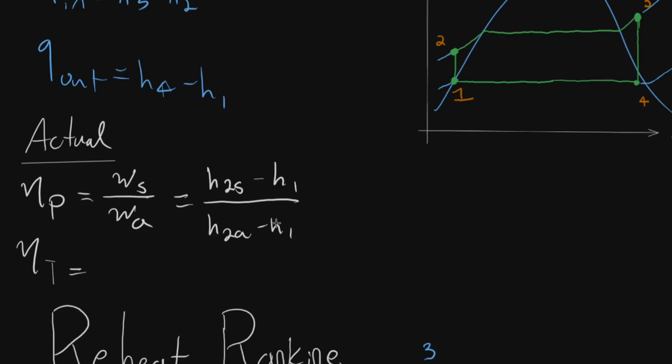And then the isentropic efficiency for the turbine would be our actual work output over our ideal, and this would equal H3 minus H4 actual over H3 minus H4 ideal. And again, you could flip each of these as long as you're consistent between the numerator and the denominator. It's not going to change anything.